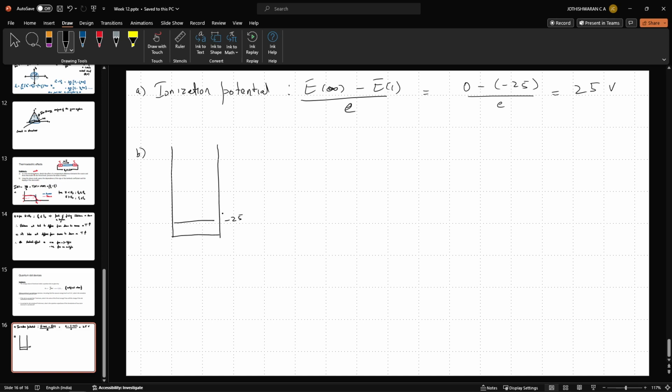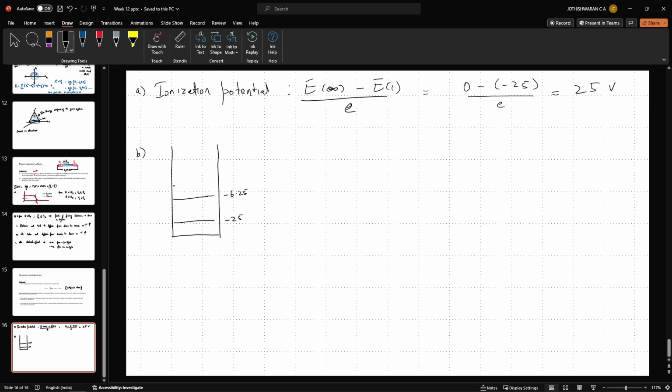So I have minus 25, and then the next energy level is minus 25 by 4, that is minus 6.25, and then we have minus 25 by 9, that comes out to be approximately minus 2.8.